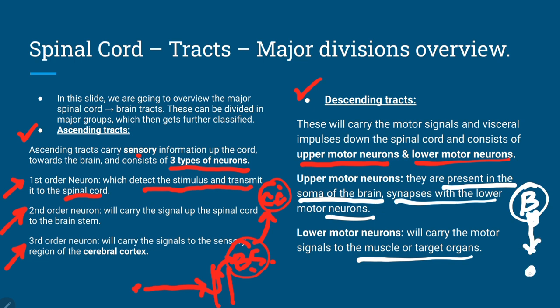It will synapse here with the second motor neuron, either up here or right before exiting the spinal cord. And the lower motor neuron is going to go to the muscle or target organ, for example, a lower limb or any other target organ, let's say the liver.